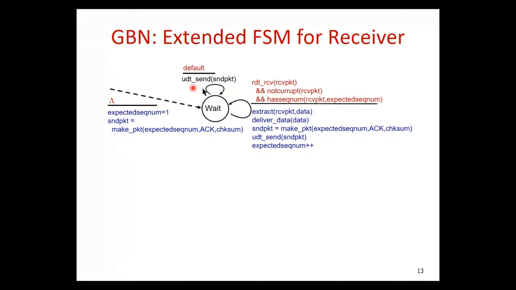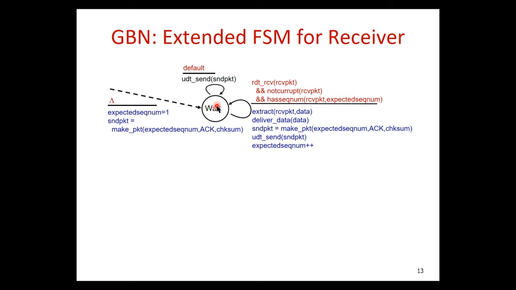Default means any other case, whether the data is corrupted or the sequence number does not match the expected sequence number. It will simply send back the ACK that was built previously. For example, if it has received sequence number 1, it sends ACK of 1. But then let's say that after that it receives packet number 4.